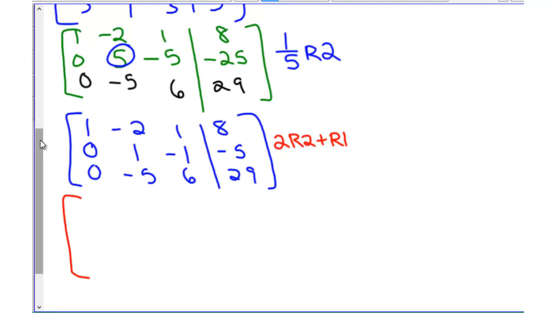So 2 times 0 is 0, plus 1 is 1. So we didn't mess anything up. 2 times 1 is 2, plus -2 is 0. 2 times -1 is -2, plus 1 is -1. 2 times -5 is -10, plus 8 is -2. The second row is going to stay what it was.